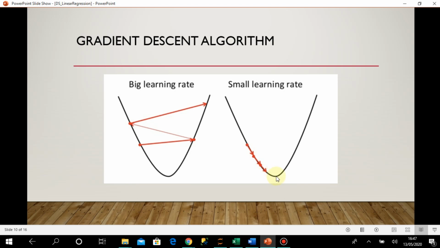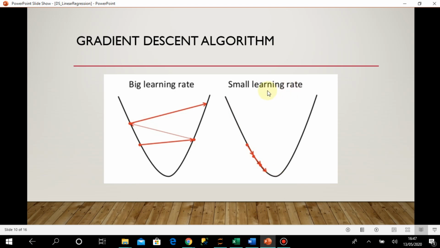Once I reach here, suppose I again make some changes to the values, and then I reach there. So I understand from the outcome that I am not in the minima, I already left the minima. If I do it for some more iterations, I will understand that this point is the one where I had the least error. So this way I can move and go to the global minima.